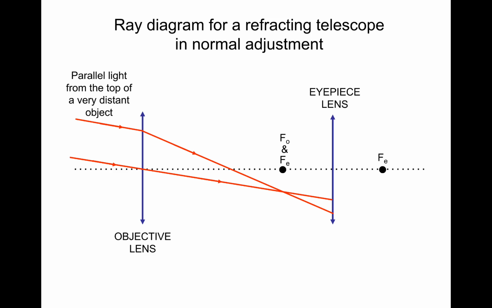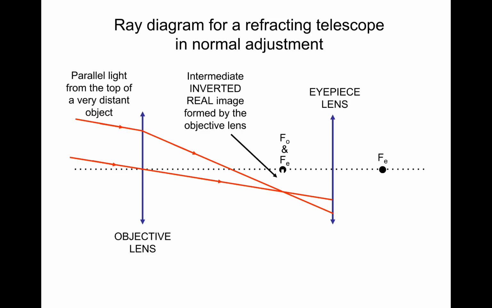They cross below, at f0 and fE. So you get an inverted real image formed by the objective lens, an arrow that points down and touches the rays of light.